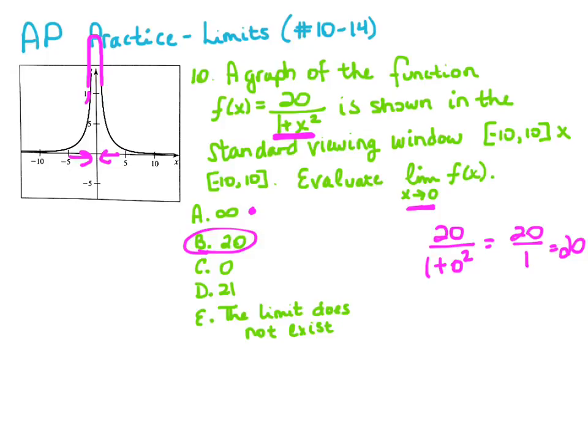And 1 plus x squared, there's no way that that's going to equal 0, because if I square a number x, the result has to be a positive value or 0, and then I'm adding 1 to that, and so my denominator is always going to be a positive value. Therefore, we have no vertical asymptote. The limit cannot be infinity. It is in fact 20.